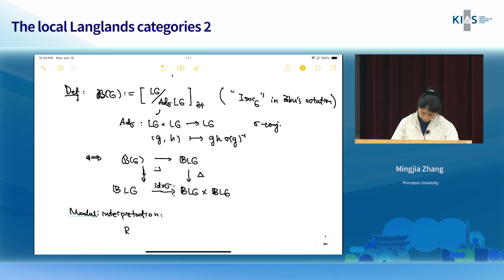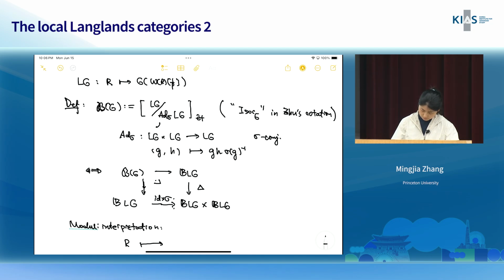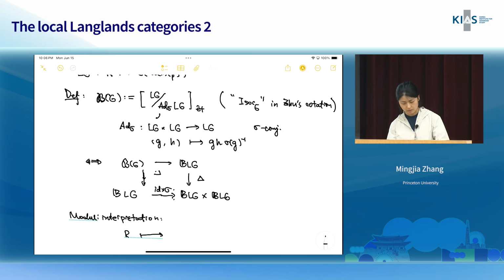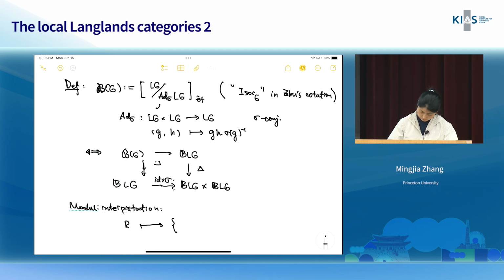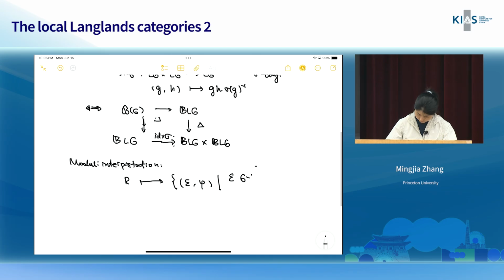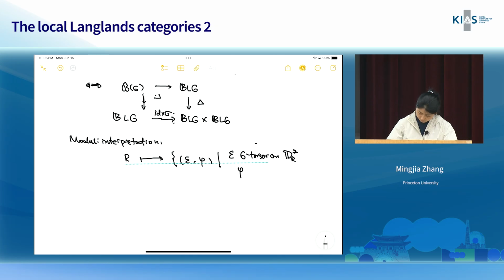Namely, once you sheafify this quotient as a prestack, the datum of this LG point sheafifies to give you some G-torsor on this punctured disk, together with a Frobenius-linear automorphism.